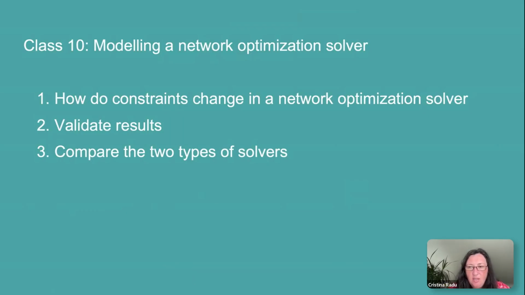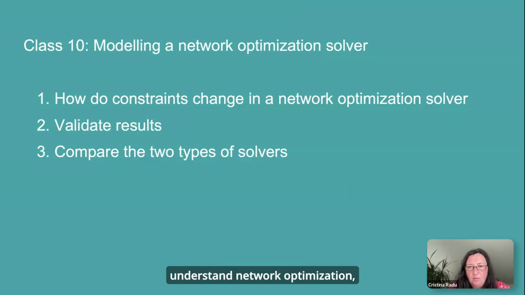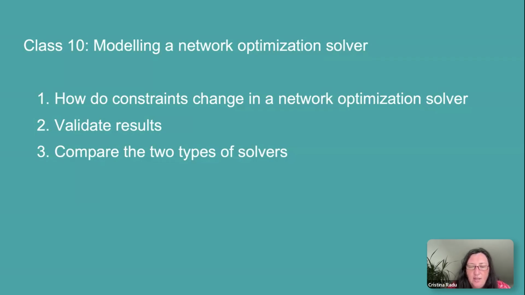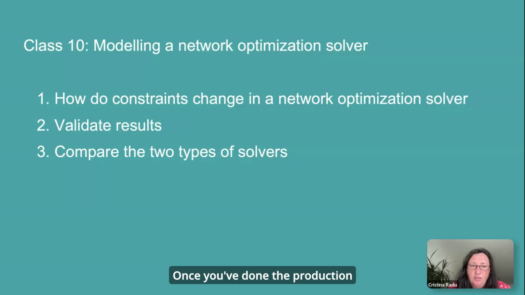The rest stays the same. So if you want to understand network optimization, go and watch the other classes. Until next time, you will be ready to follow this one, and you will see it's quite easy. Once you've done the production optimization solver, I'm going to show how to validate results and again compare the two types of solvers, production optimization and network optimization.